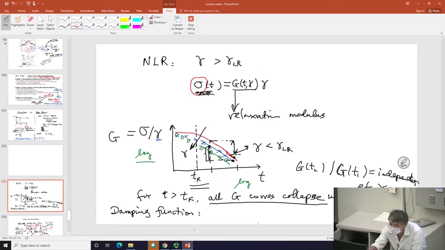This represents some universality. Something is universal. Fascinating. The universality is all relaxation after TK are the same upon rescaling for different gammas.